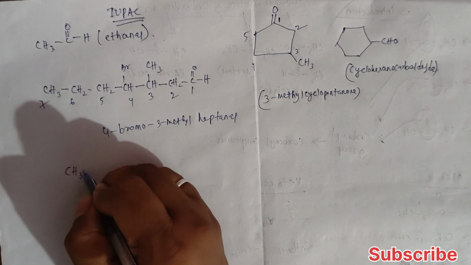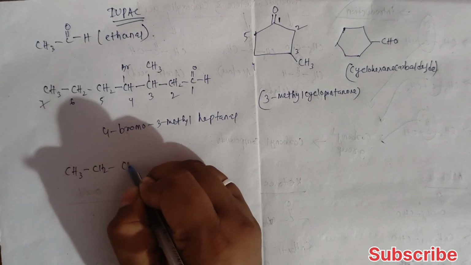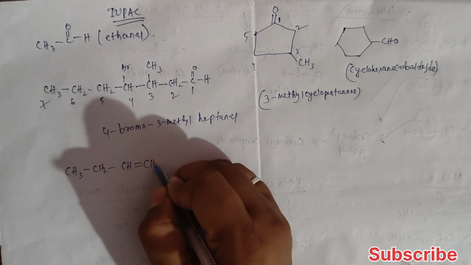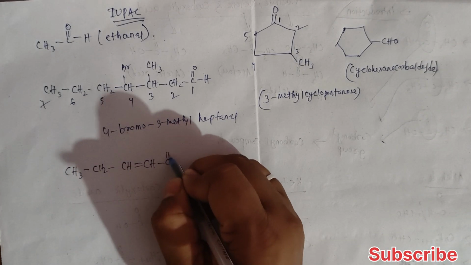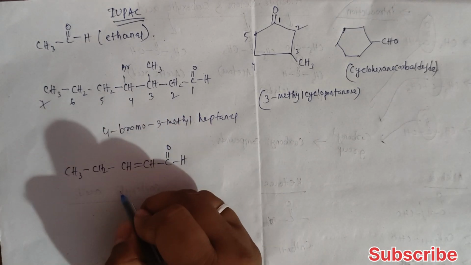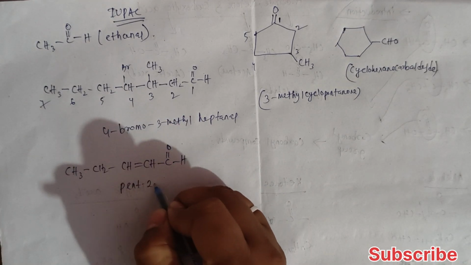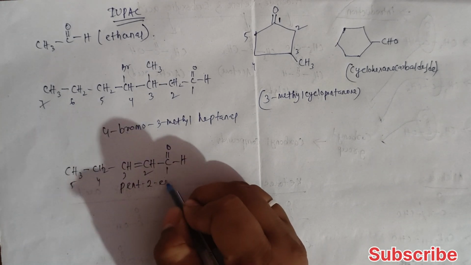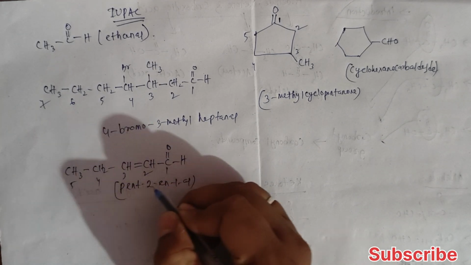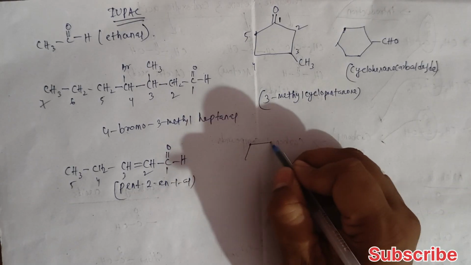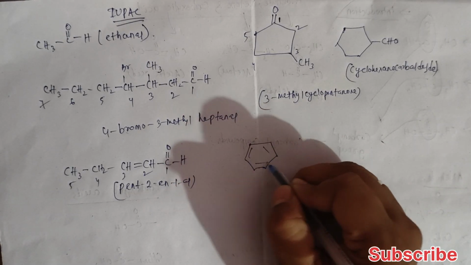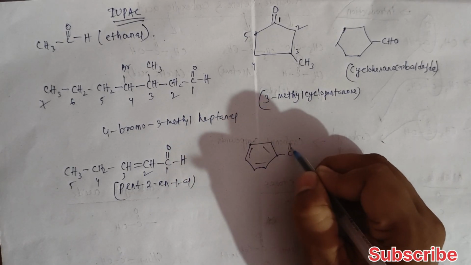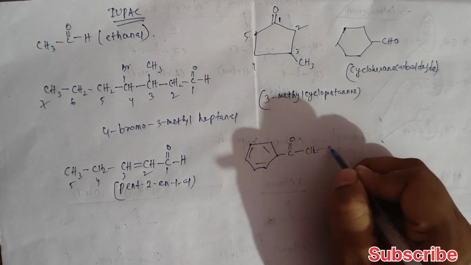Let me write here another example. CH3, CH2, CH double bond CH, then C double bond O, then H. So what will be its name? Pent-2-en, 1, 2, 3, 4, 5. So pent-2-en-1-al. Clear? Now let me take another example like C double bond O, CH2, CH3.